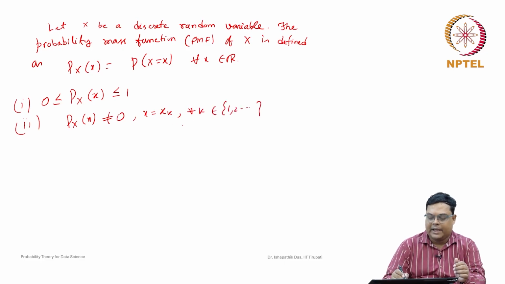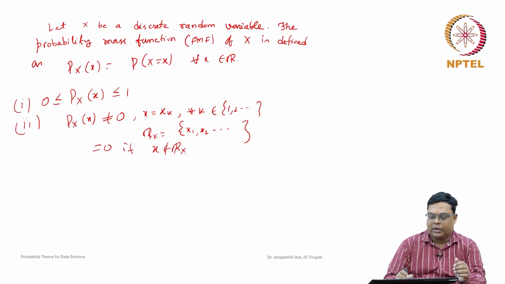So, basically x_1, x_2, and so on form the range of X. Otherwise this is 0 if x does not belong to the range of X. Also you can remember that the summation of P_X(x_k) over all possible values of k should be equal to 1.